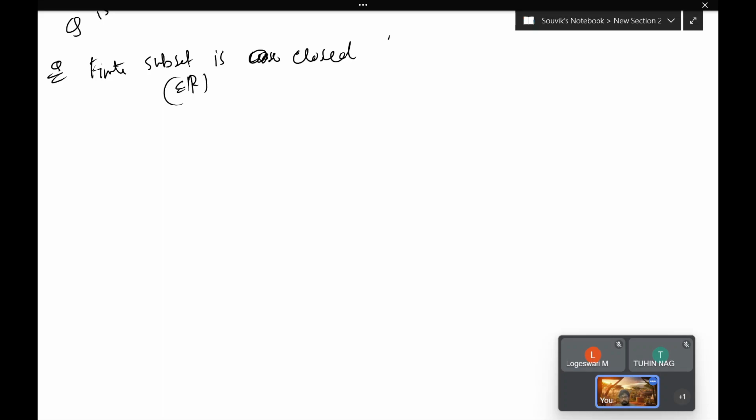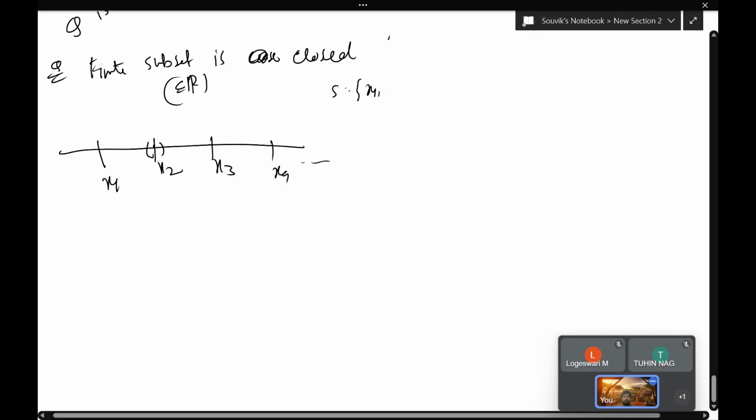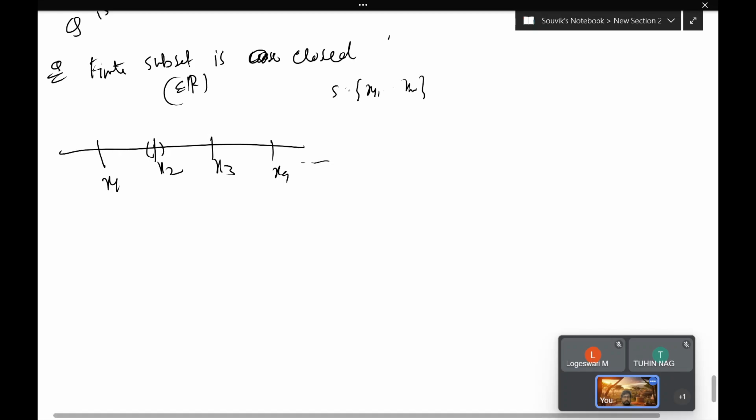Suppose this is x1, this is x2, this is x3, x4, and so on. So consider the point x2. If you choose a very small neighborhood around x2, it will contain only x2 of the set S, where S is the finite subset. So the set of limit points is empty. So a finite subset of R is always closed.